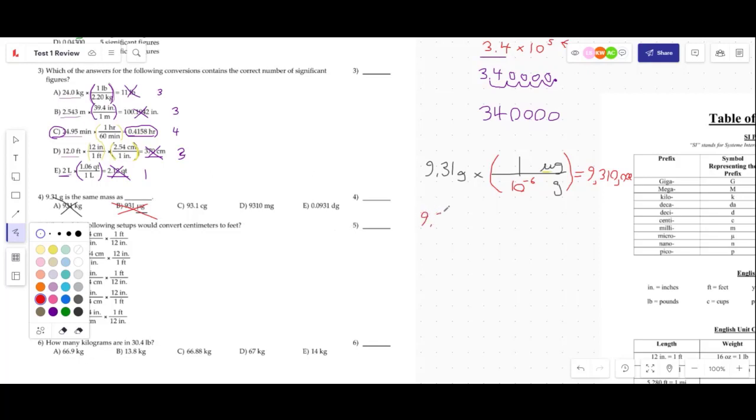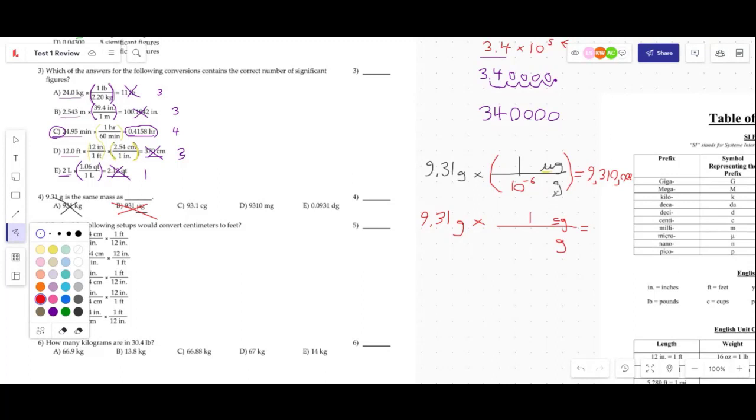I can then try this again using a similar method, and I can convert grams to centigrams. I'll put a 1 in front of my prefix unit. Centi is the prefix. And then what do I put in front of grams? 0.01.